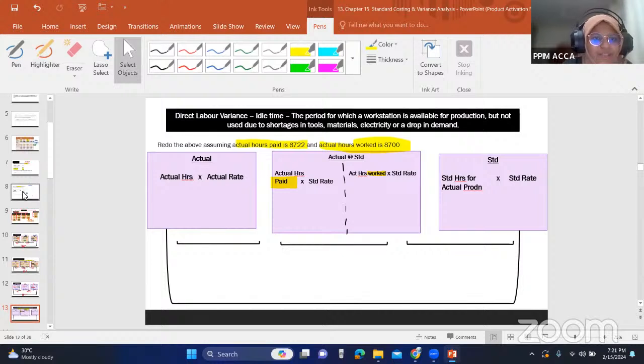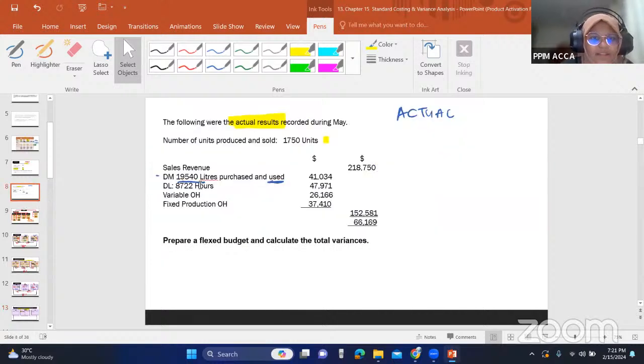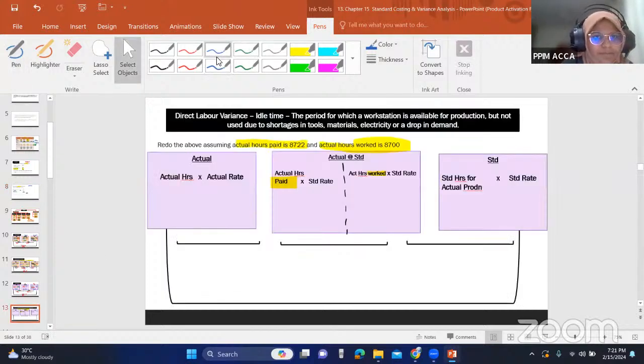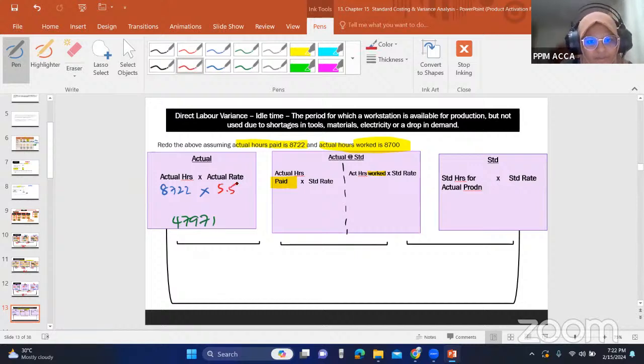So let's start with actual hours into actual rate. That is the same, right? 8,722, 47,971. So let's take all of that down quickly. We calculated the actual rate from the answer, 47,971, which we divided by 8,722, and we got the actual rate as 5.5.